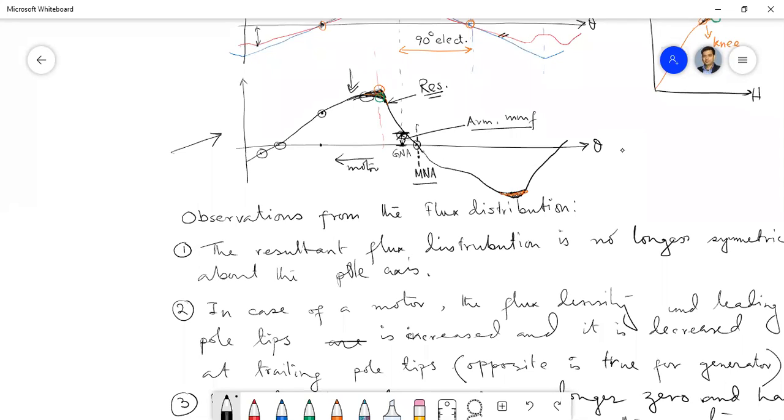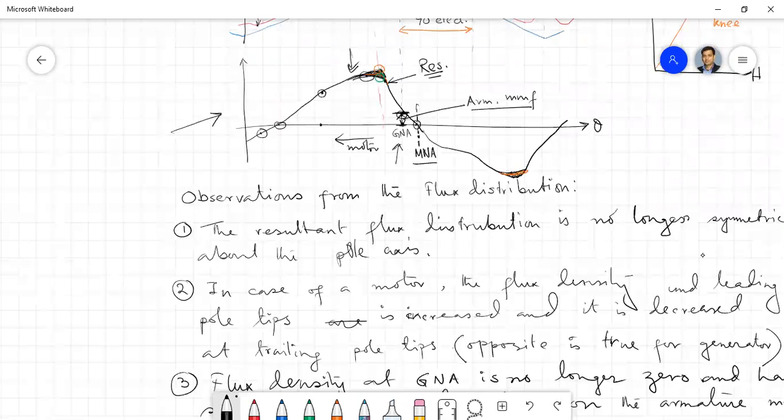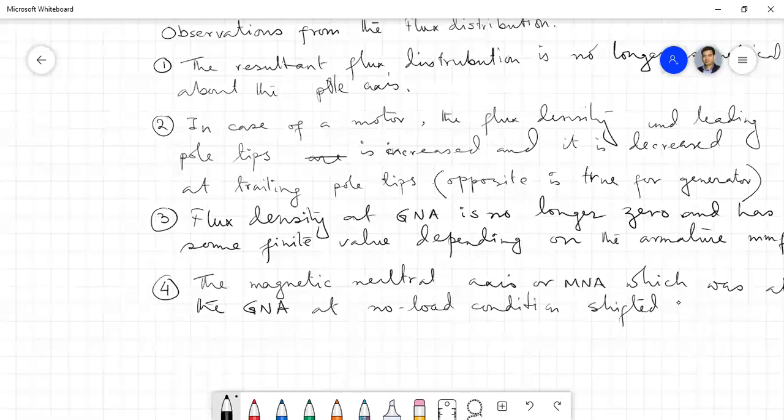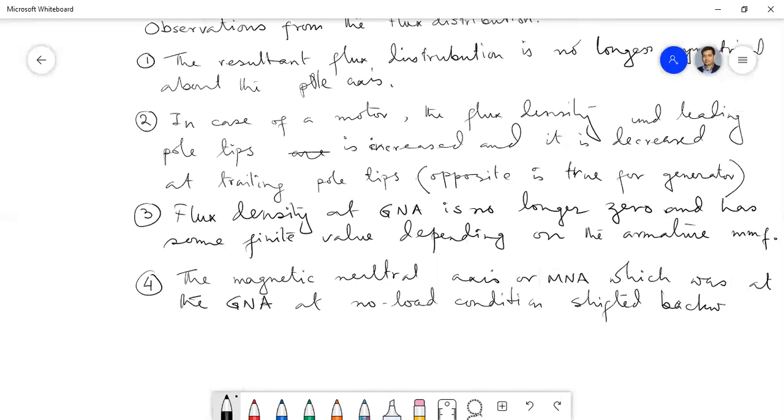Previously the MNA was here, the actual position of the MNA in the no load condition. Now it has shifted backward, against the direction of rotation in case of motor.